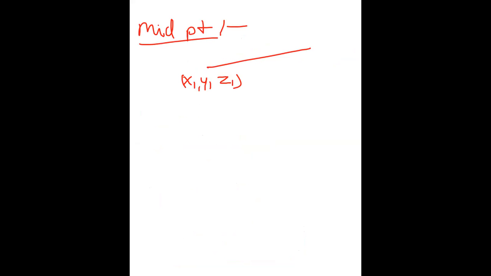If we need to go for the midpoint, so midpoint formula will be, we are calculating the midpoint between x1, y1, z1 and x2, y2, z2. We are saying it will be x, y, z.